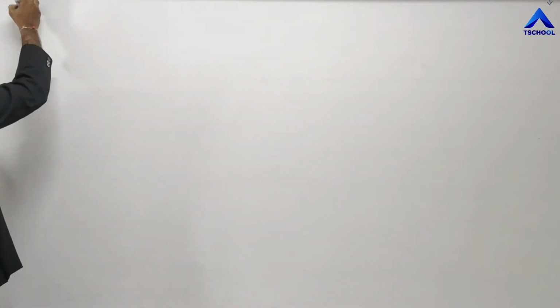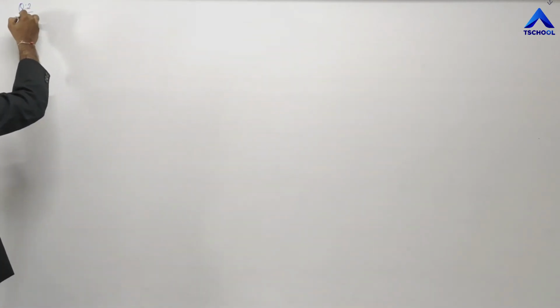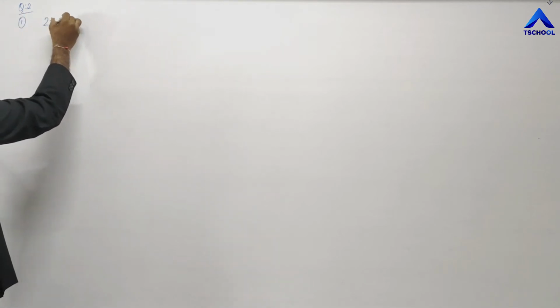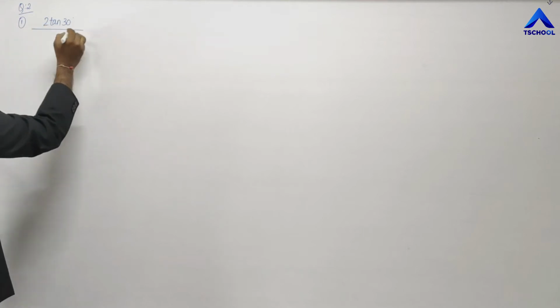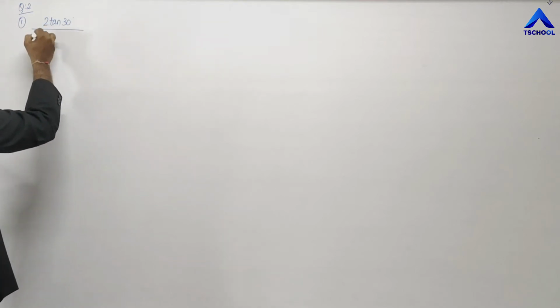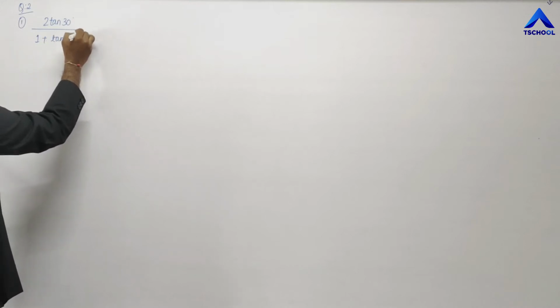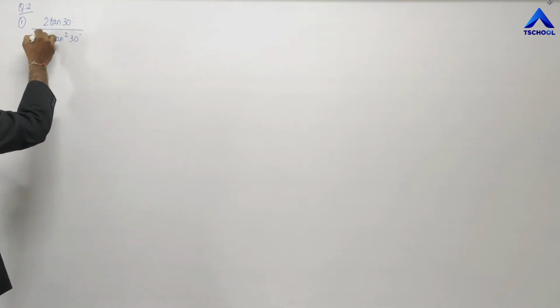Now, under the main question number 2, choose the correct option and justify your choice. The first one, that is 2 tan 30 degree divided by 1 plus tan square 30 degree.